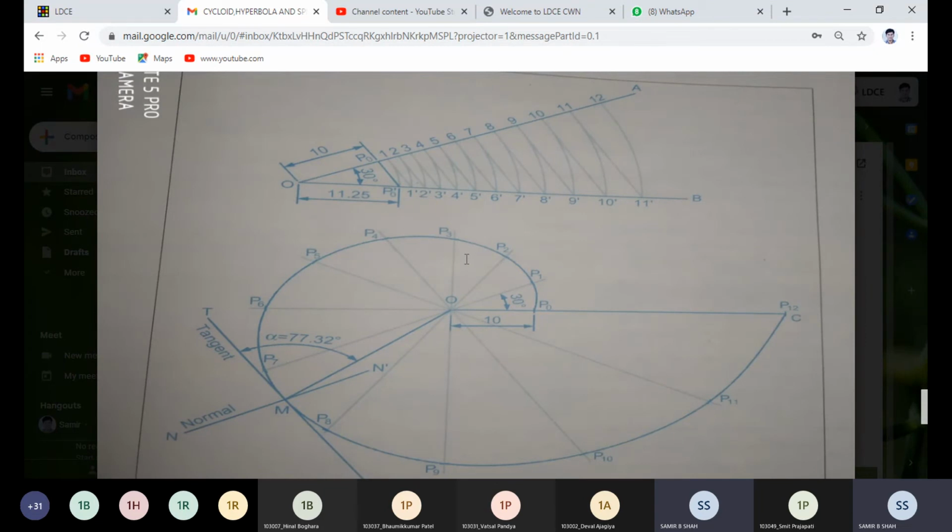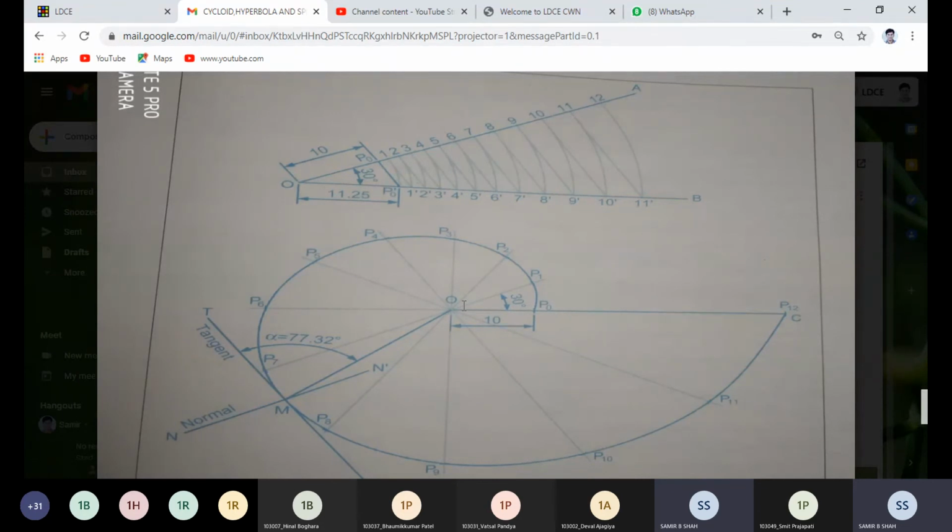Now draw the different 11 radii at 30 degrees with the help of a 30-60 degrees set square.